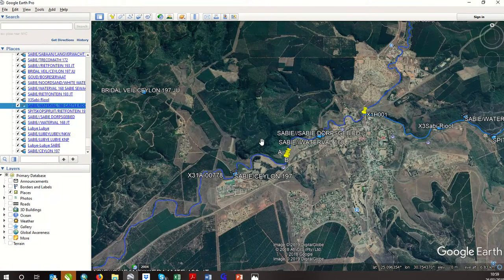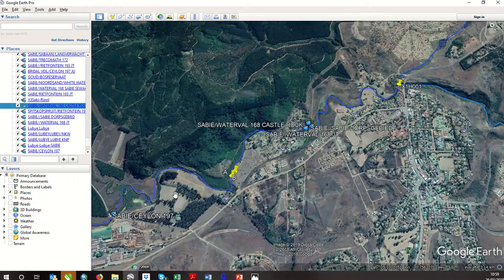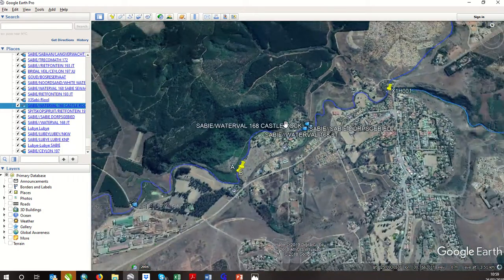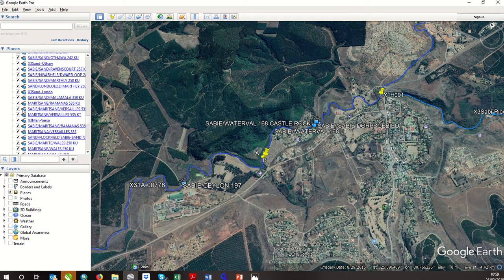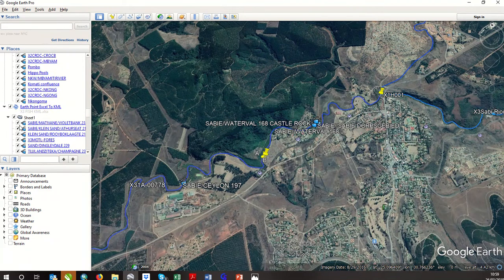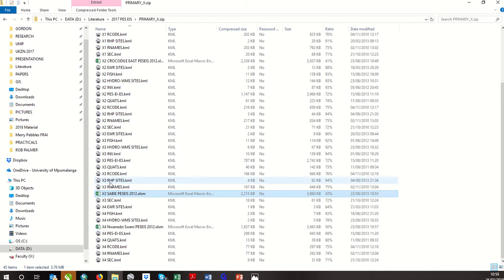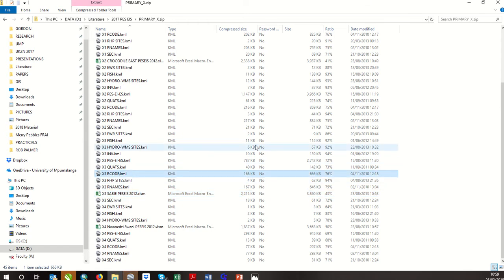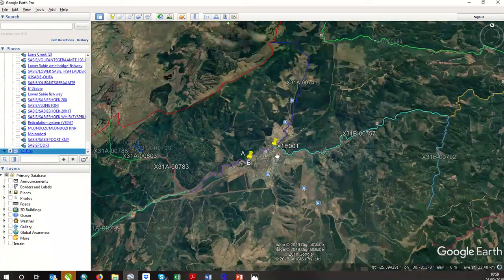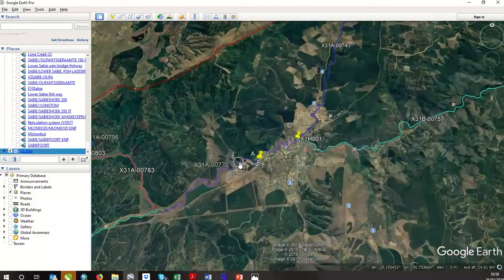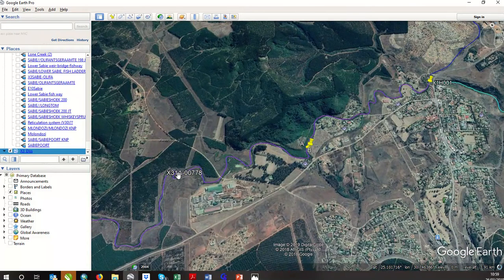Okay, so here what I would do is go back here and look for this reach. The reach code names are not there. So let me go back to PCIS and look for the reach code. Okay. And then here you can see I'm dealing with X31A 00778.